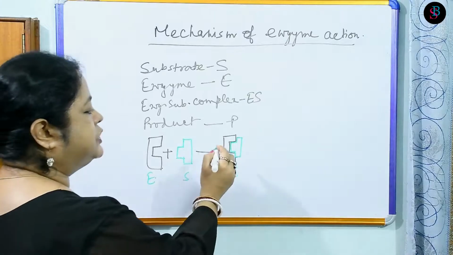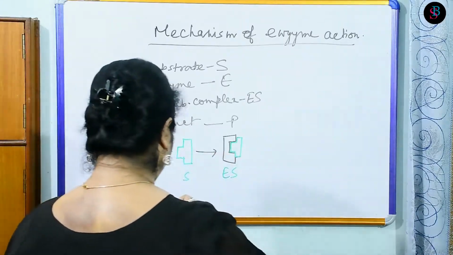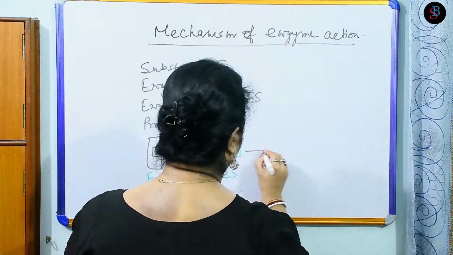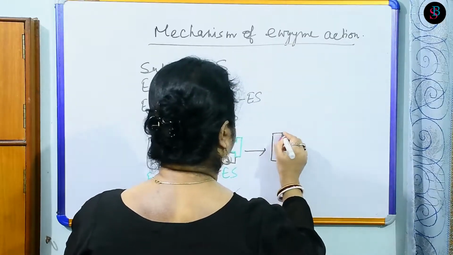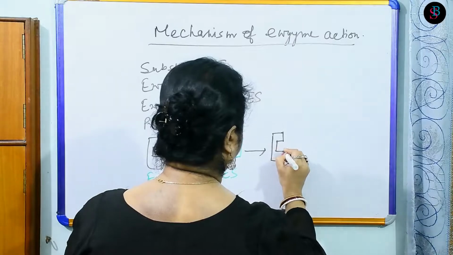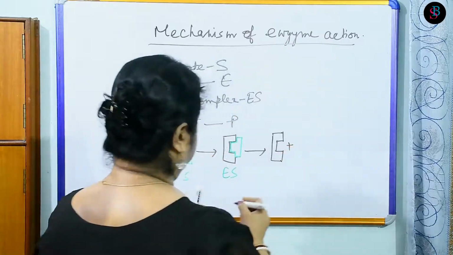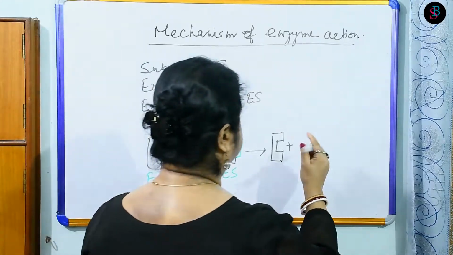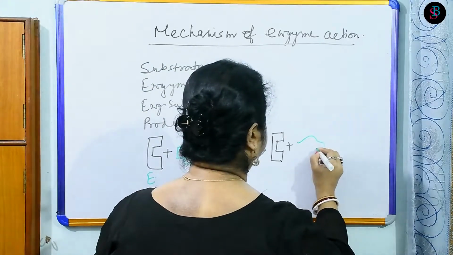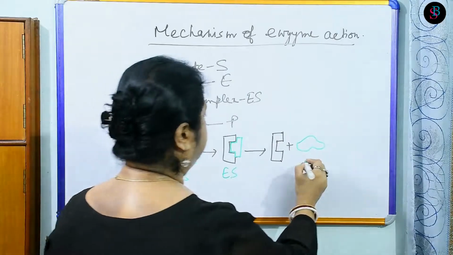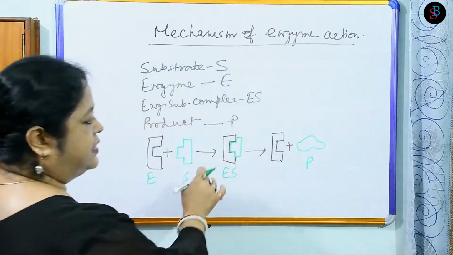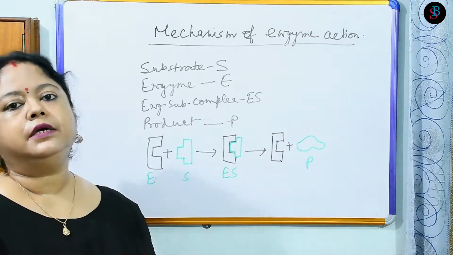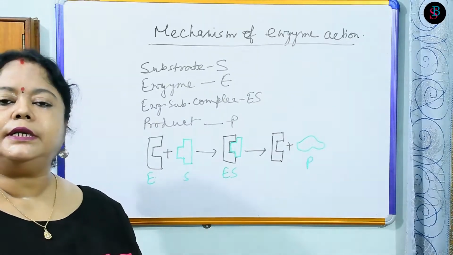So this is the formation of the enzyme substrate complex, and after that the enzyme will be released free as the product will not fit with the enzyme's active site. Suppose the product is like this, so it cannot be at par with the structure of the enzyme, so it will leave the enzyme and it will make the enzyme free for the next reaction.